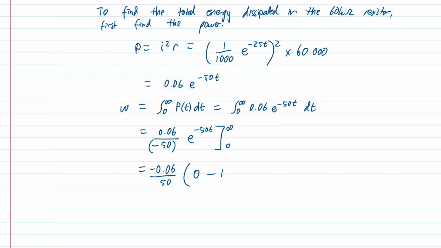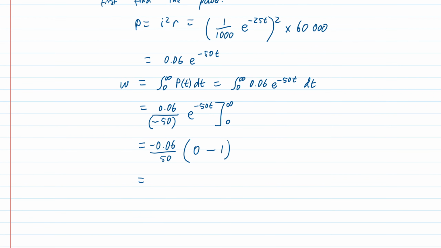Subbing in 0 will give me 1. So the total energy that I will end up with, 0.06 divided by 50, is 0.0012 joules of energy. We could write that in a more friendly way, 1.2 millijoules of energy there. And so that's the answer to this question.